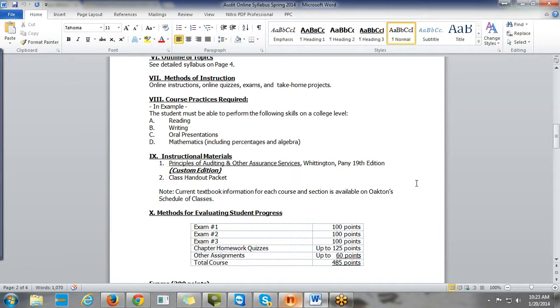Well, this custom publication also has specific cases in them that you will also be responsible for. So it is heavily suggested that you only buy the Whittington Penny 19th edition, because without that there won't be any cases for you to read and answer and take the quiz. So let me tell you, it's a requirement.